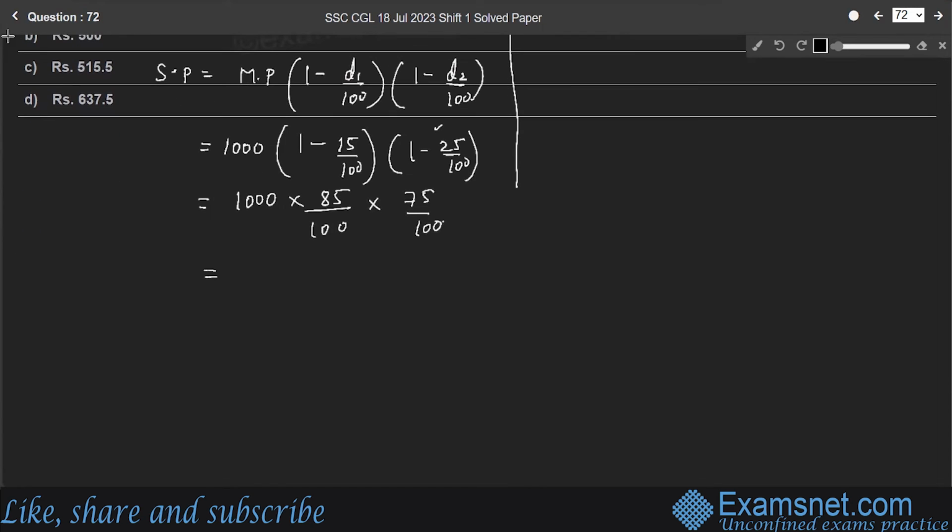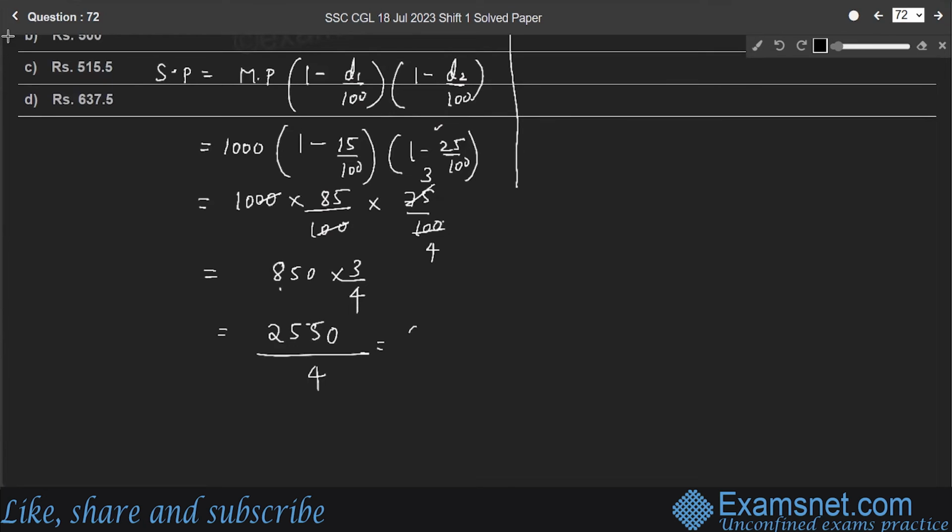75 by 100 can be written as 3 by 4. Here, 100 and 2 zeros can be cancelled. So it becomes 850 into 3 by 4, which is equal to 2550 by 4.